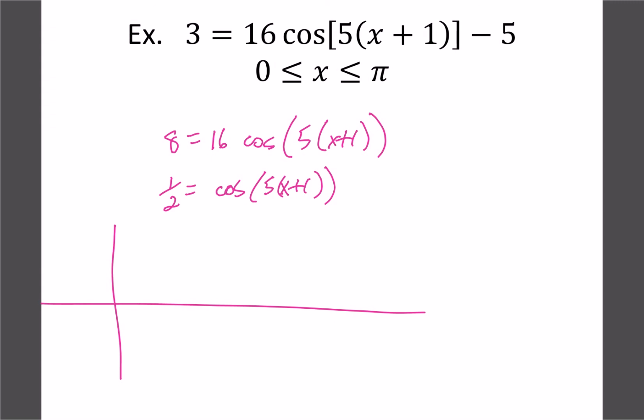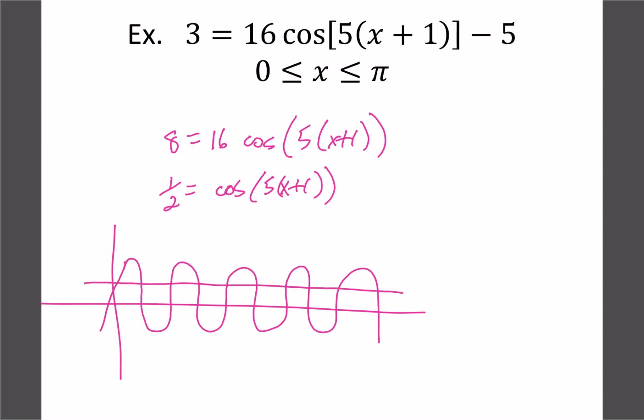Or sorry, not 1 up, we're 1 to the right. So our graph gets shifted over a little bit, so it's starting somewhere up here. So our cos graph does something like that. And our second line, y equals 0.5, something like that. And then once again, we basically want to find all of our intersection points.